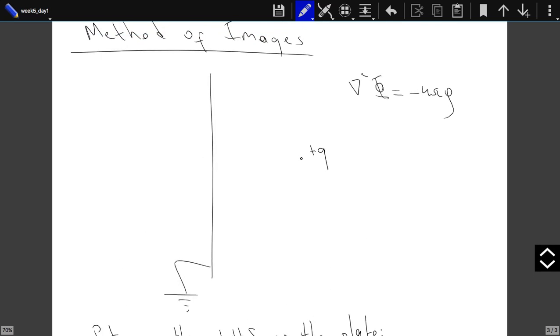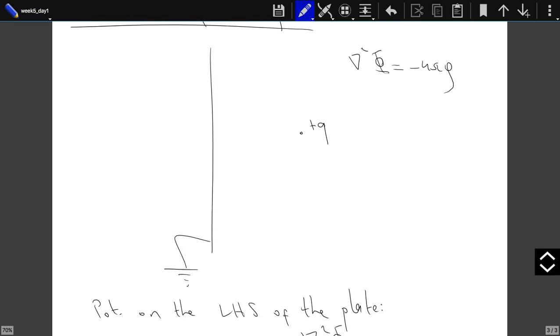Now what is my boundary on the left-hand side? I'm looking at the potential here. One boundary is this one, and if I cross it, I'm on the right-hand side.